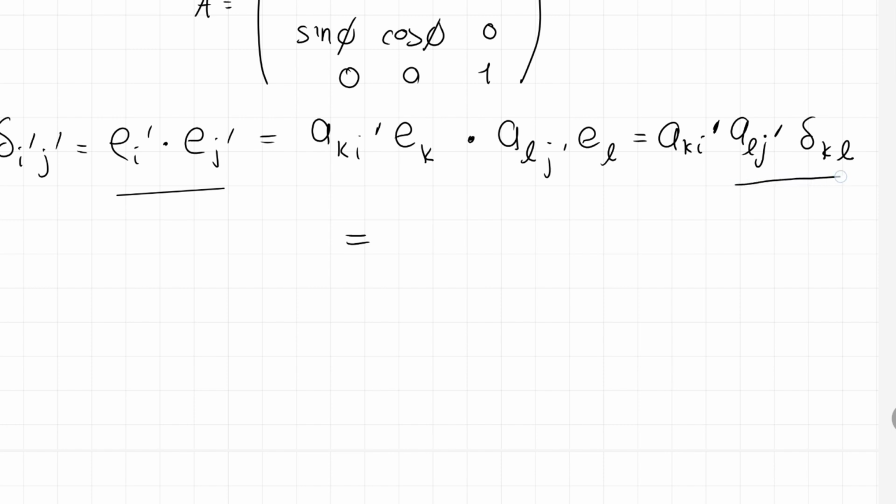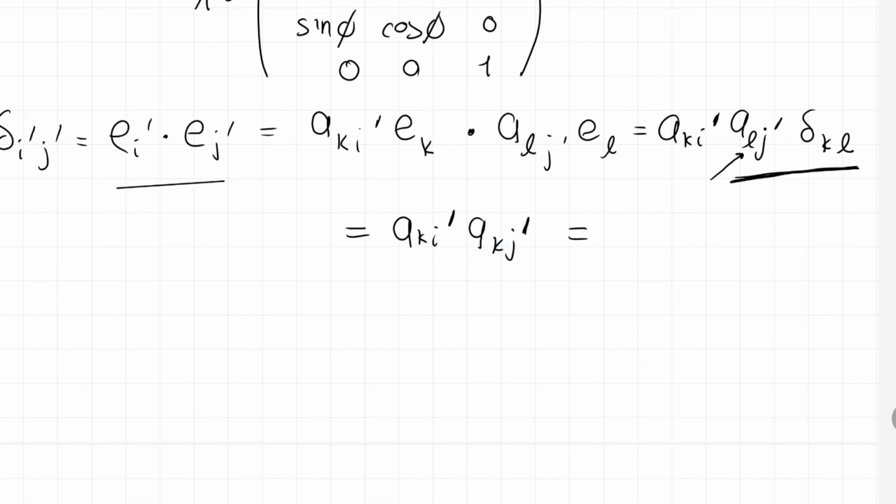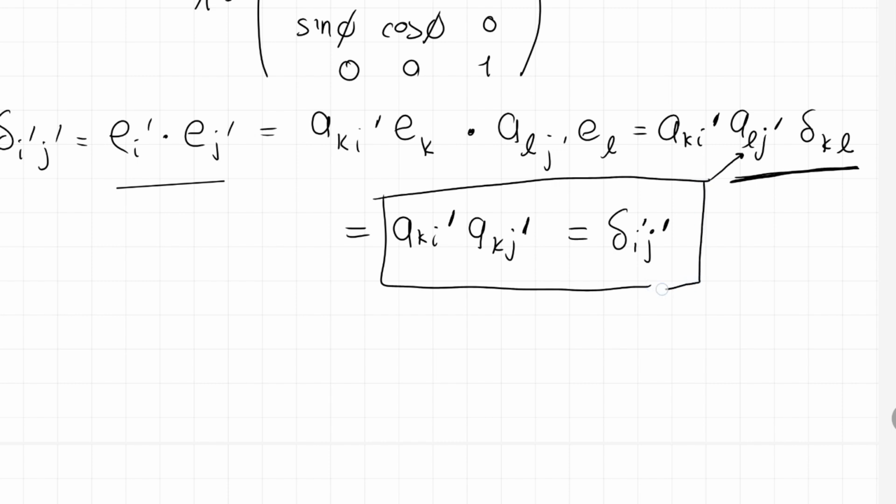If we use this Kronecker delta with this term over here, the l is going to become a k. So this will be equal to a k i prime a k j prime. And again, this is equal to the Kronecker delta i prime j prime. A very important relation that we are going to use later on.